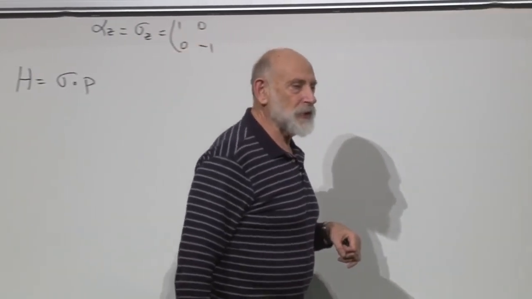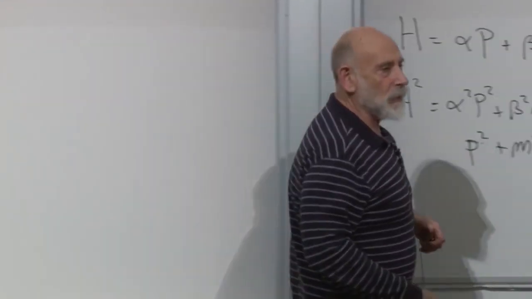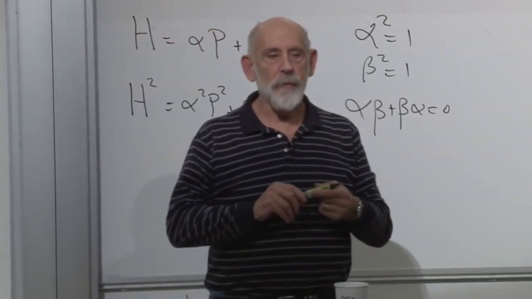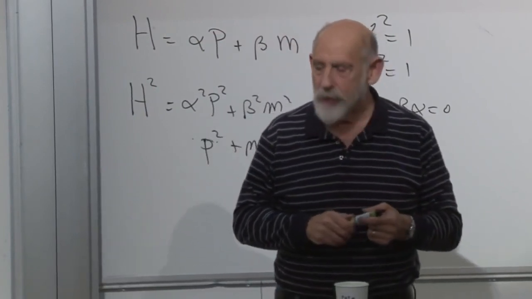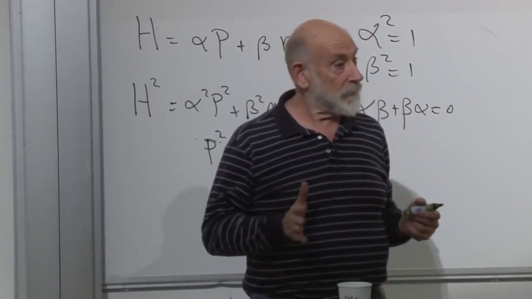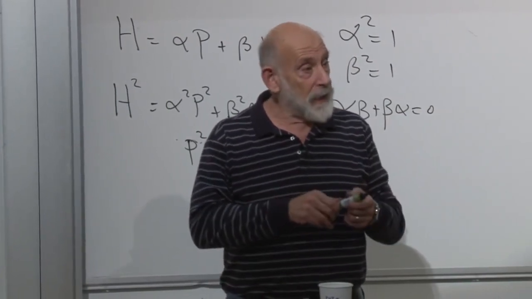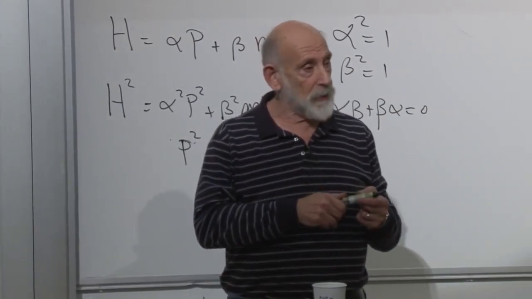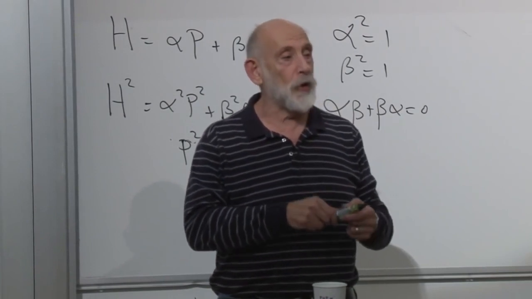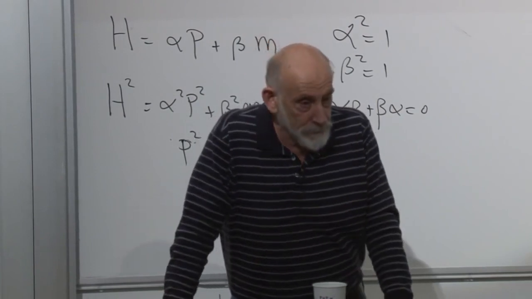You can think of this as a particle that has a spin, that's the sigma, and it has a momentum, and the energy is proportional to the dot product, or the component of spin along the direction of motion.